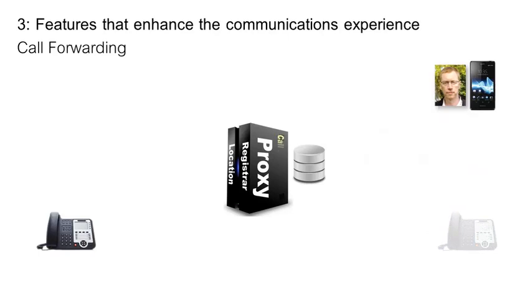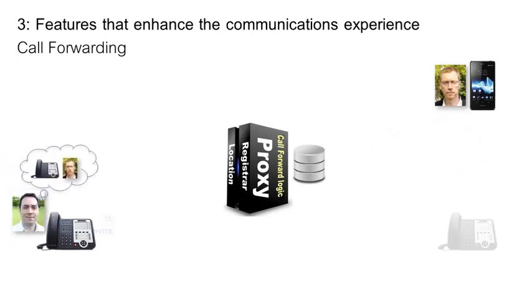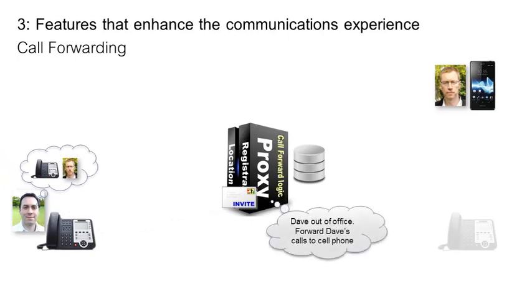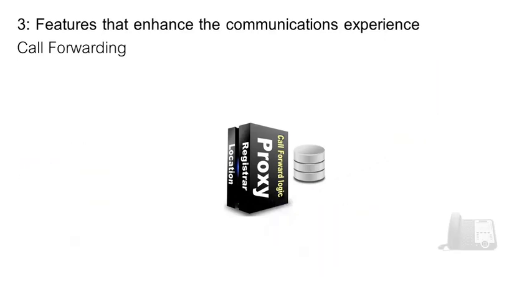One approach is to simply build in extra capability, extra logic to the proxy, so that when an invite arrives, rather than query the registry, instead it checks for call forwarding rules and alternate routes to my cell phone instead. Okay, it could be done this way, but this approach kind of goes against the ethos of SIP.